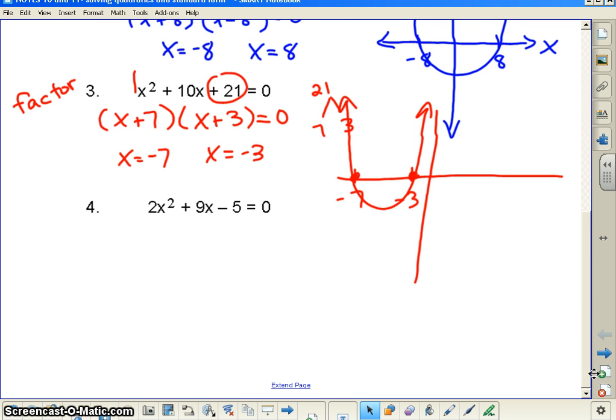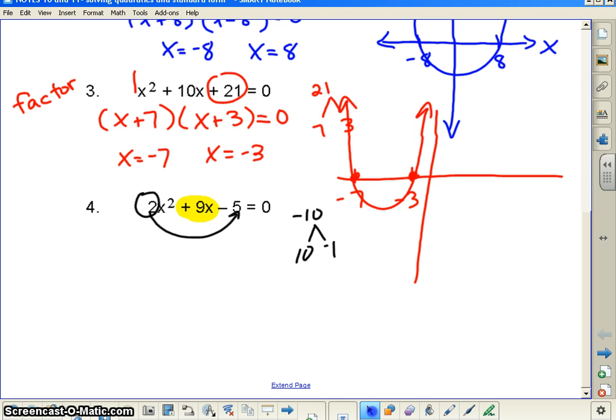On number 4, since we have a 2 for the coefficient, we will need to smile about it. 2 times negative 5, and then the factors of negative 10 that make 9: 10 times negative 1. Make sure you understand that we're going to replace the 9x with the 10 and the negative 1.